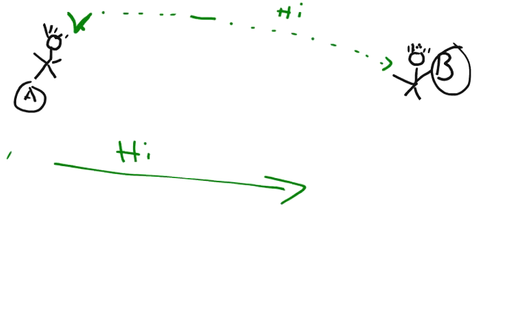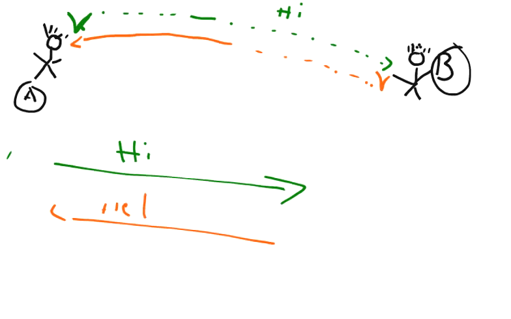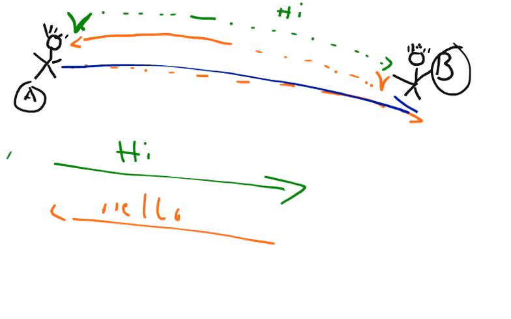Person B, if person B understands the message, then he puts the message on the pigeon, and the pigeon flies back with a message hello. The person A then sends a request via pigeon.